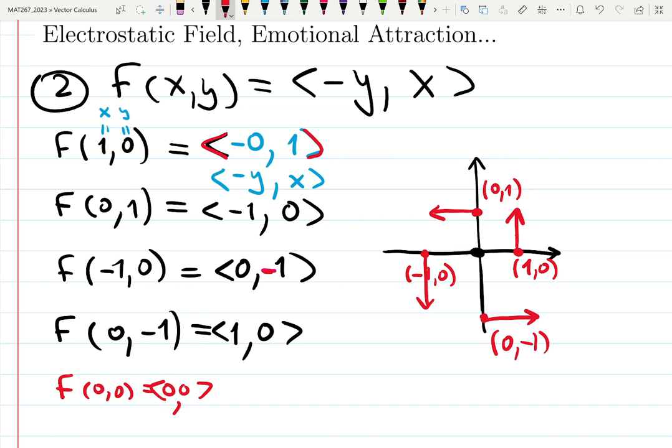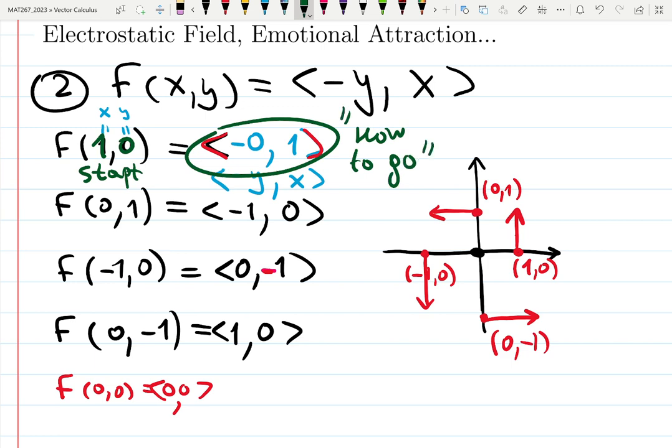Yes? So for example, for the 1, 0 point, why do you have going up 1 in the y direction when x is 1? Oh, this is a very good question. This is what we need to make clear. This is a point where to start, and this is how to go.